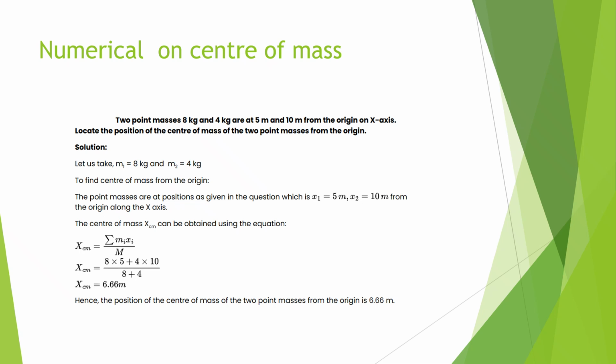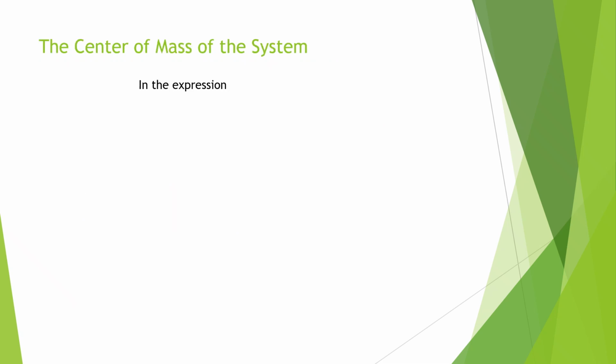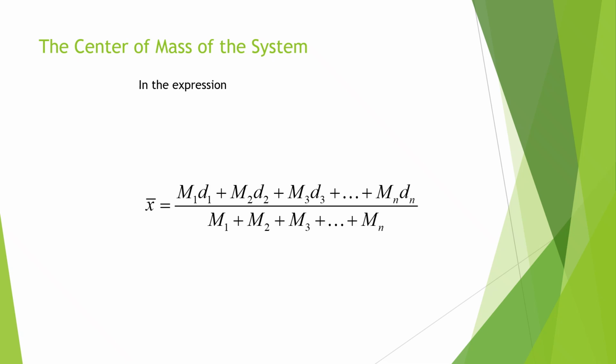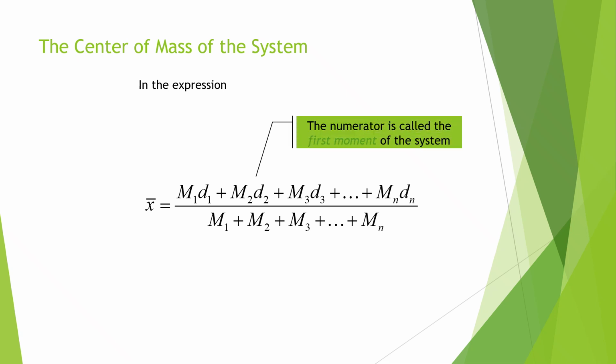So if I have a large number of particles, then how to find the center of mass? Suppose we have particles m1, m2, m3, up to mn. Then the center of mass will be the first particle m1 into its distance d1 from the origin, the second particle m2 into distance d2, the third particle m3 into distance d3, and so on.